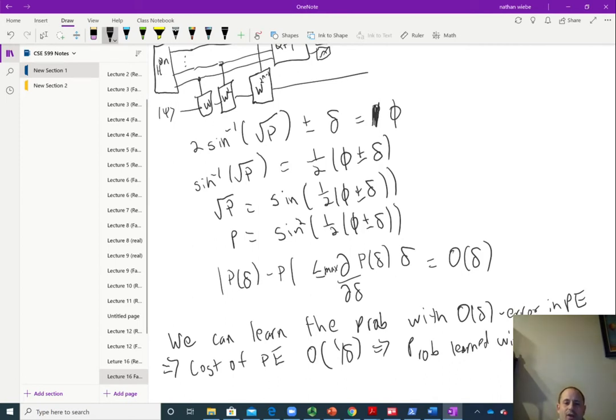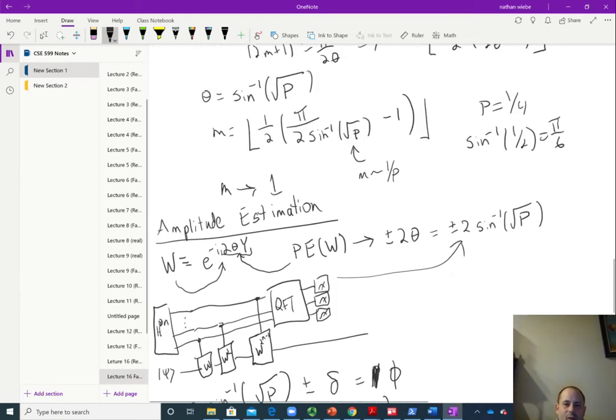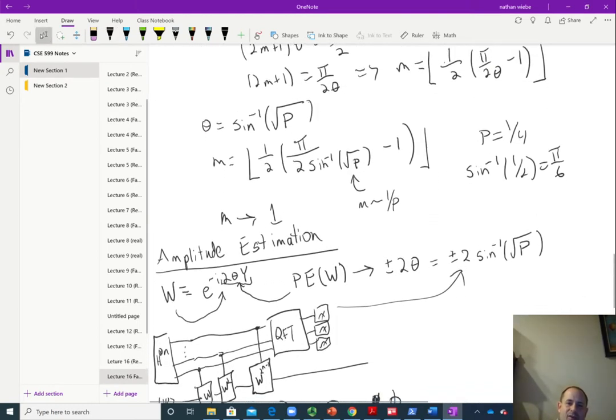So once we've learned the probability, then we can go from that and figure out exactly what P is over here, which will tell us how many times we'd have to apply M in order to be able to succeed. So that is how you would do it with counting.